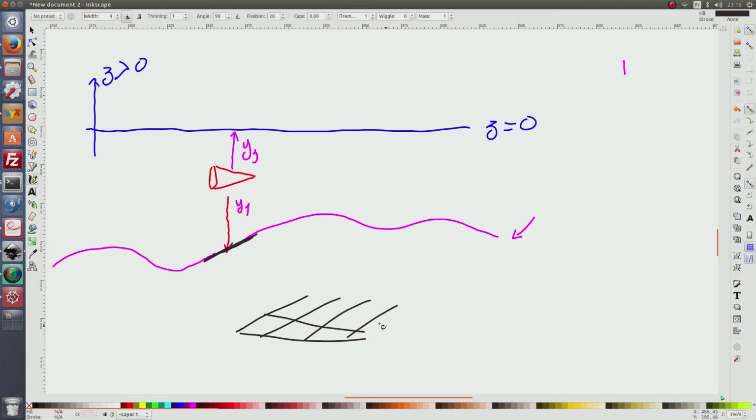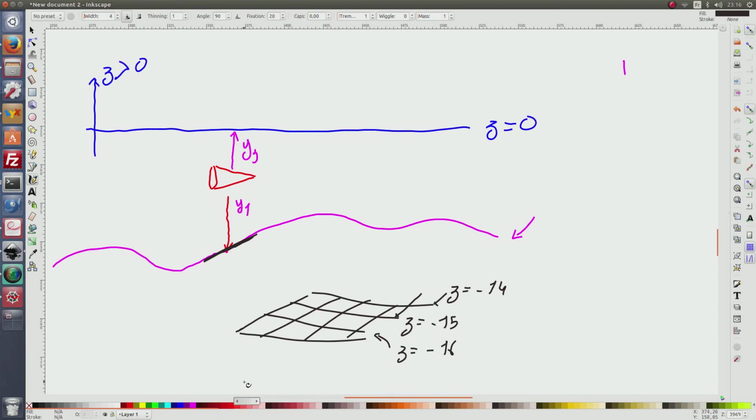Difficult to represent, but I will have some level curves. This level curve corresponds to, for instance, z equal minus 15. Here, z equal minus 14. Here, z equal to minus 16, for instance.